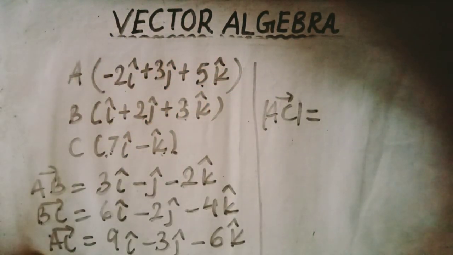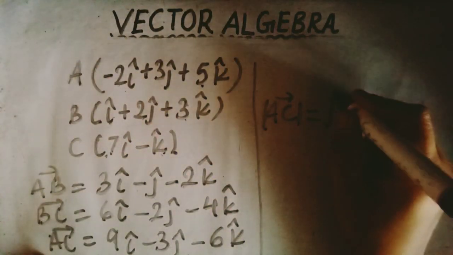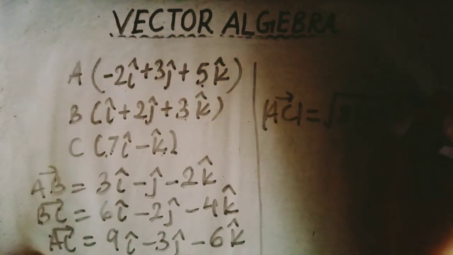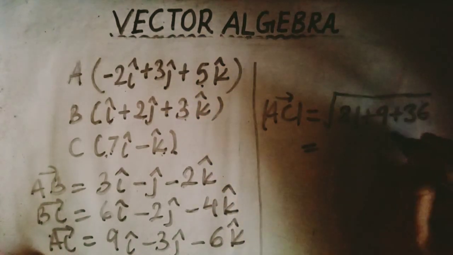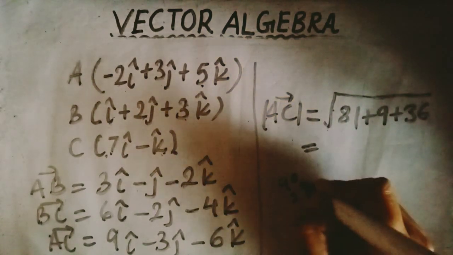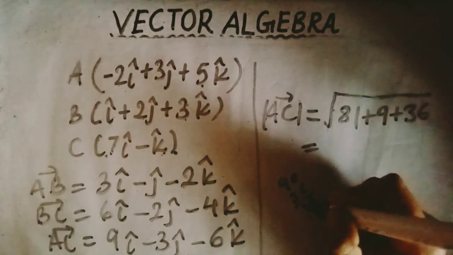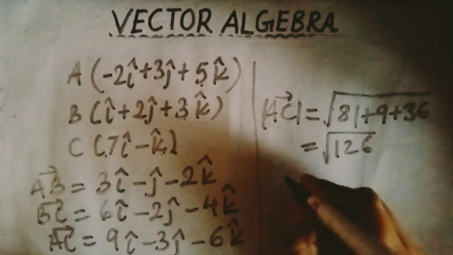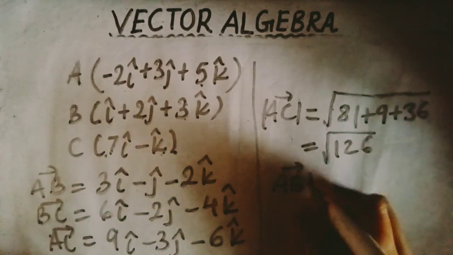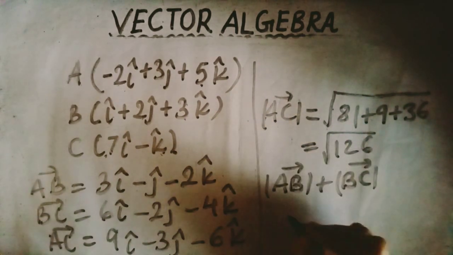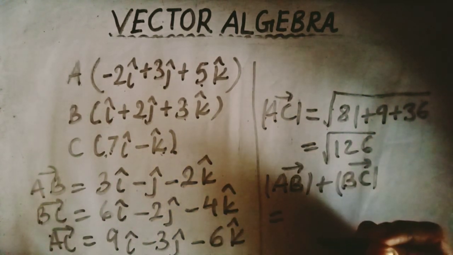Okay, now taking the inequality, take mod of AC. Mod of AC is 9 square, so it is 81 plus 9 plus 36. Okay, so this will be 90 plus 36, 126. Now we have to prove it equal to mod of AB plus mod of BC.